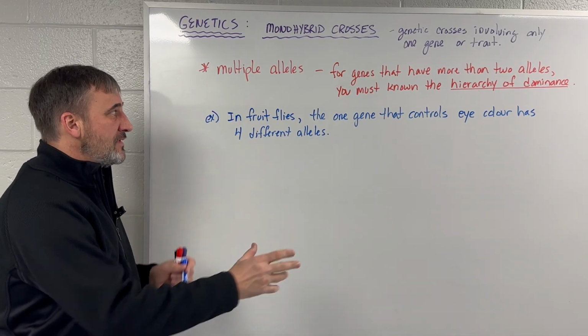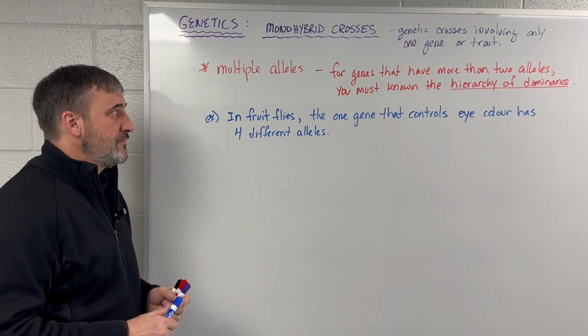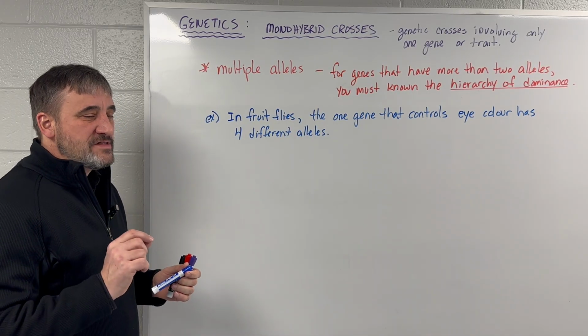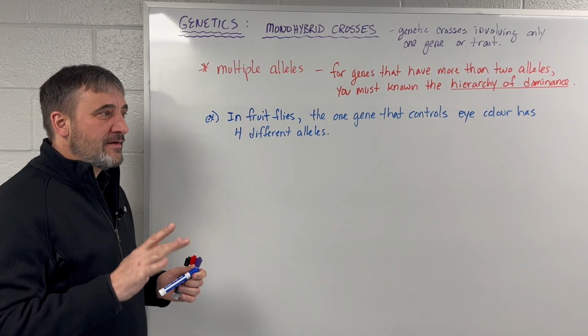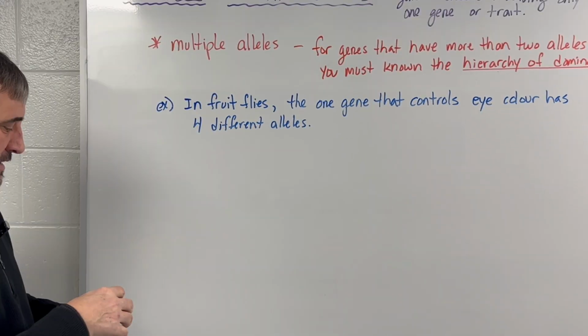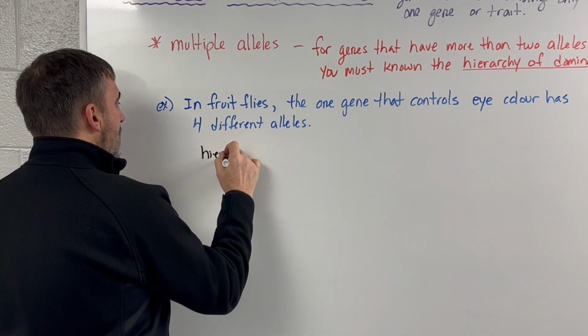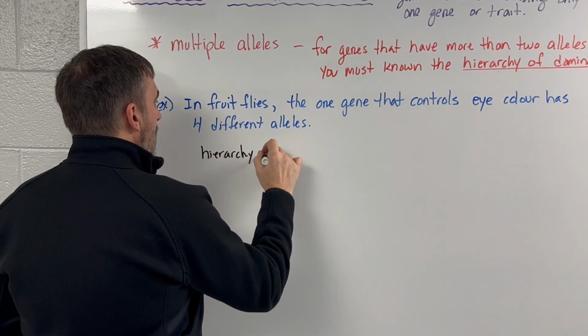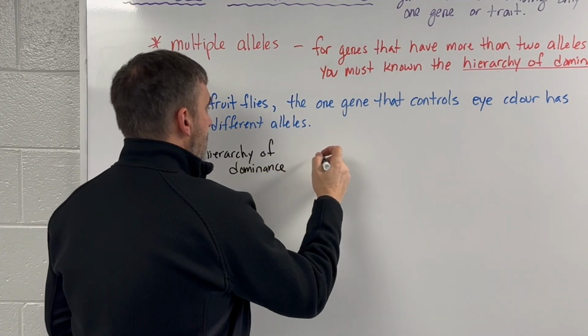So an example of that is present in fruit flies, where they have one gene that controls their eye color, but they actually have four different alleles for that eye color. So the hierarchy of dominance looks like this.